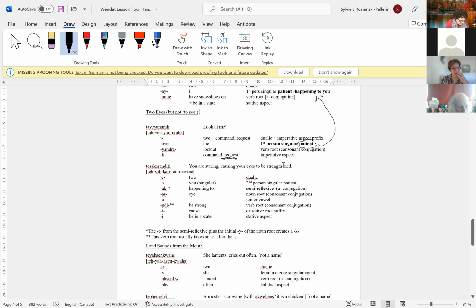We have the semi-reflexive again. The semi-reflexive will change the conjugation of a verb, because the semi-reflexive changes the consonant conjugation into an A conjugation, because the first sound in the semi-reflexive is A.